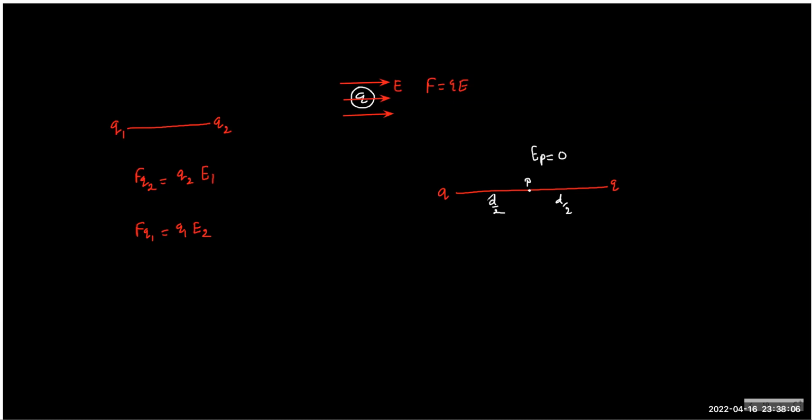So the electric field at the point P is 0, yes or no? Yes, sir. So no matter which charge you bring here, it will never experience any force because the field itself is absent. So force on a charge Q, or any charge, will be 0 at that point, because to experience force we must have some existing electric field. If the field is absent, we say the force is not possible.